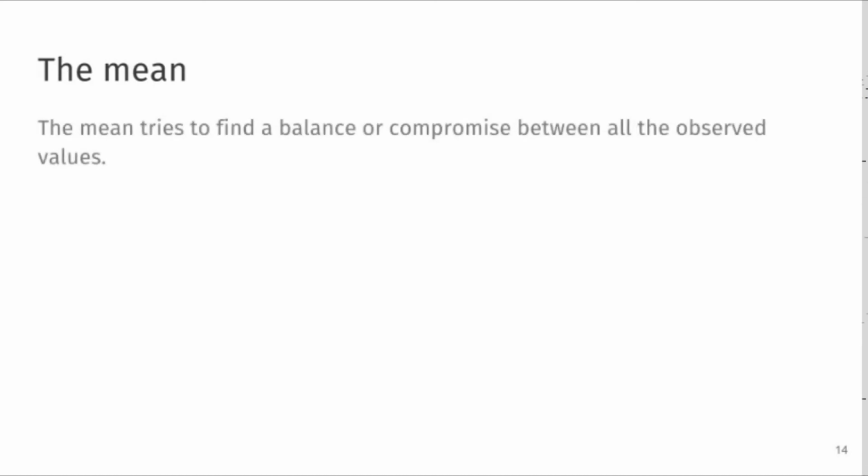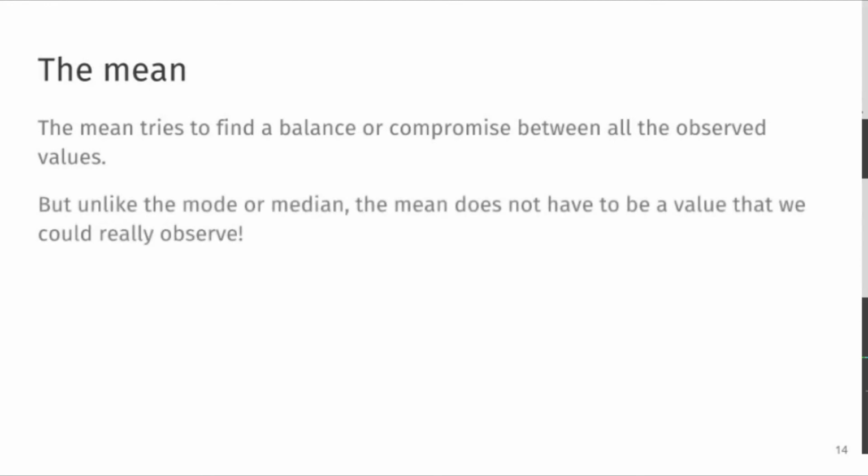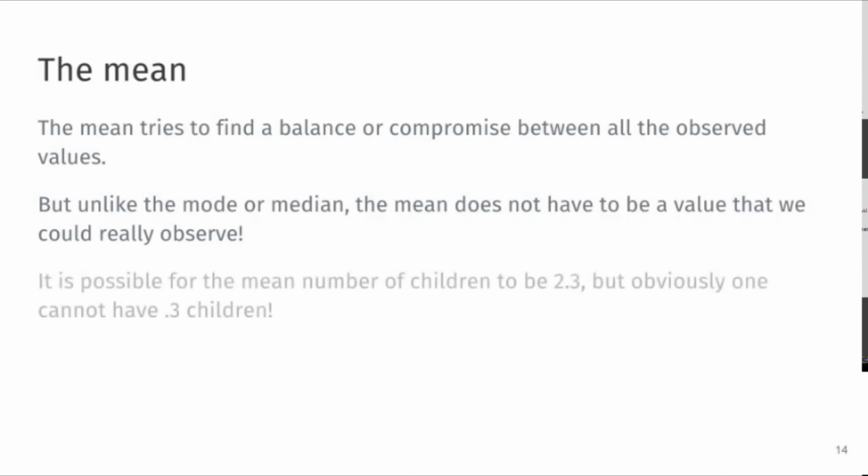So just to review, the mean tries to find a kind of balance or compromise between all of the observed values. But because of that, unlike the mode or the median, the mean does not have to be a value that we could have actually observed.